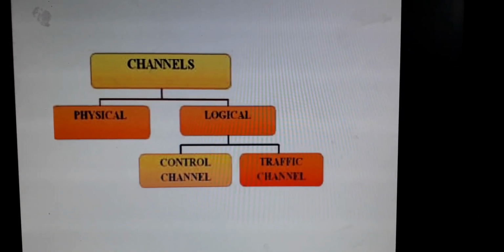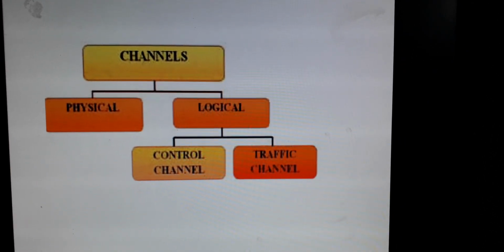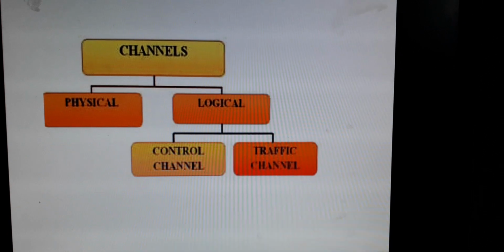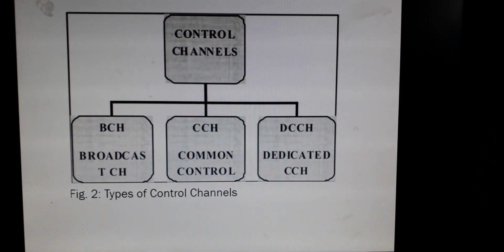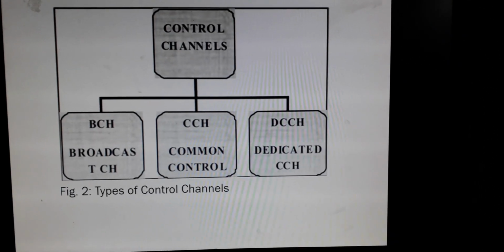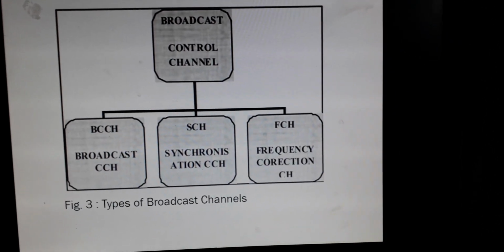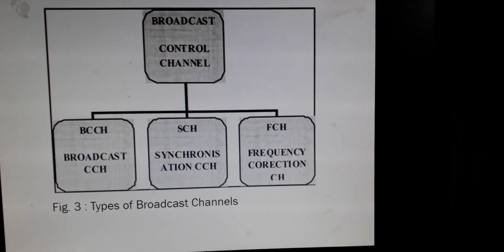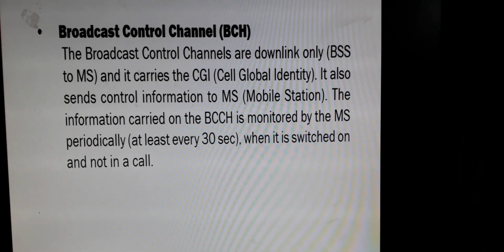The channels are categorized into physical and logical channels. Logical channels are again categorized into control channels and traffic channels. Control channels are divided into broadcast channels, common control channels, and dedicated control channels.